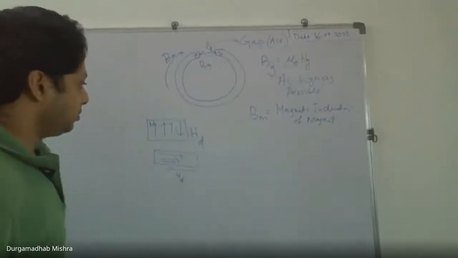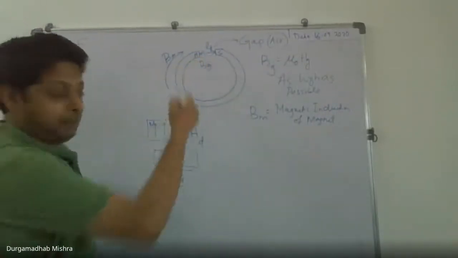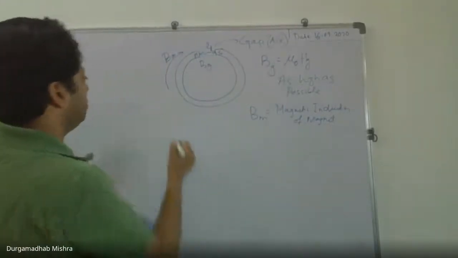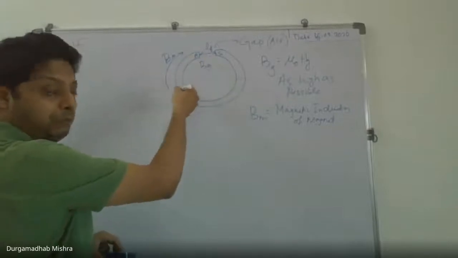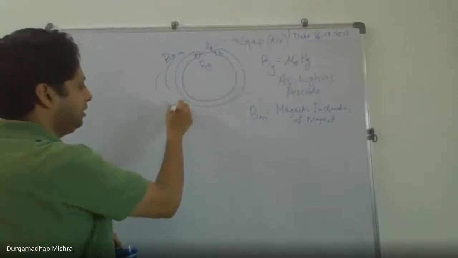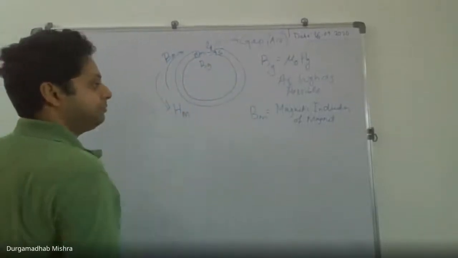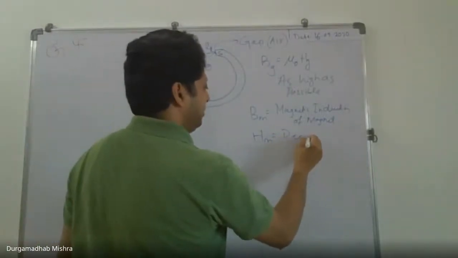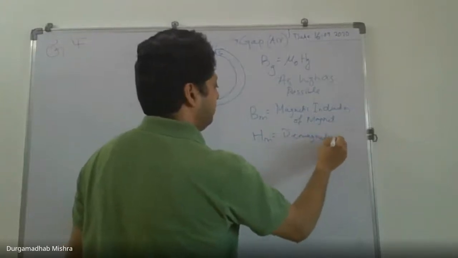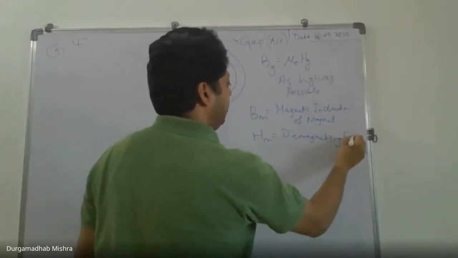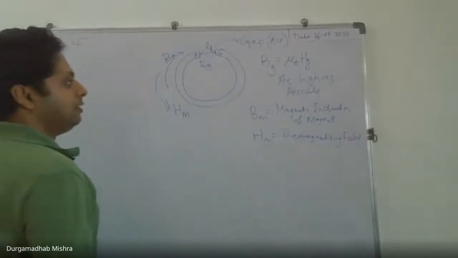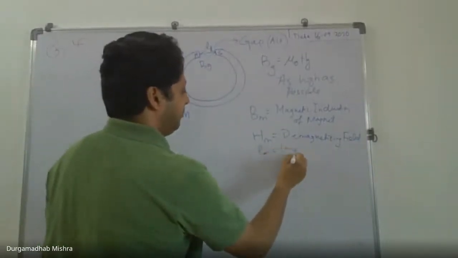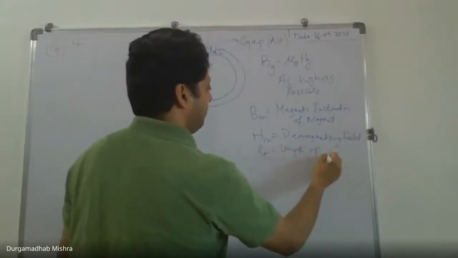This magnet will also have a demagnetizing field opposite to the magnetization, in this direction. HM we call the demagnetizing field associated with the magnet, and let's say LM is the length of the magnet.